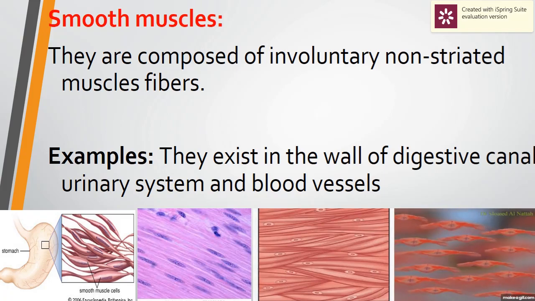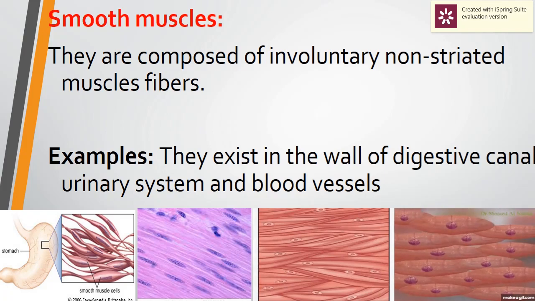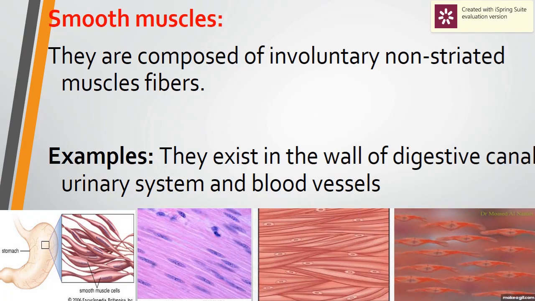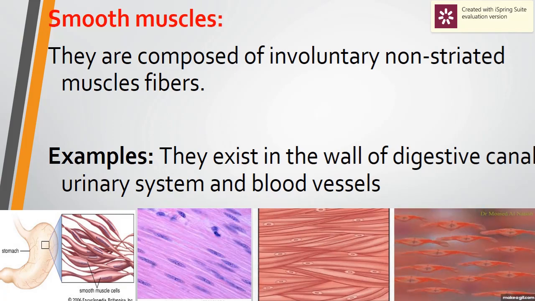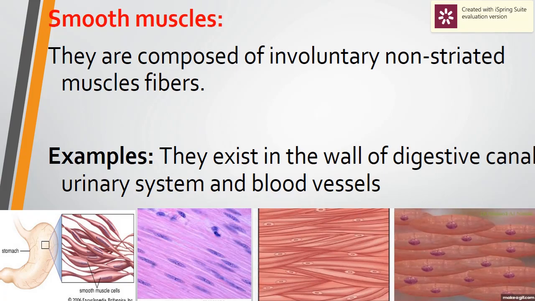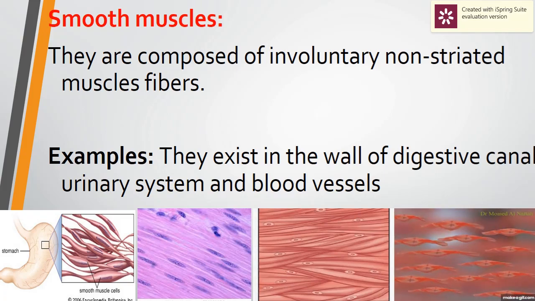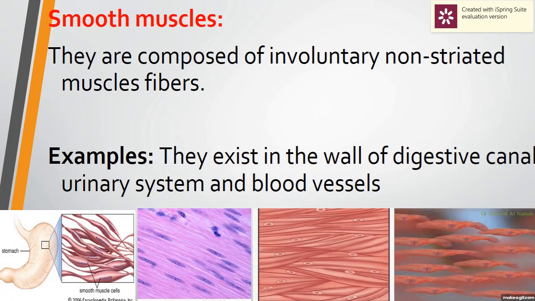They contract and relax involuntarily. Now, where can we find it? Inside the digestive canal. All the walls of the digestive system contract and relax by themselves. The urinary system, the blood vessels, all these contractions are involuntary, and they are formed of smooth muscle.